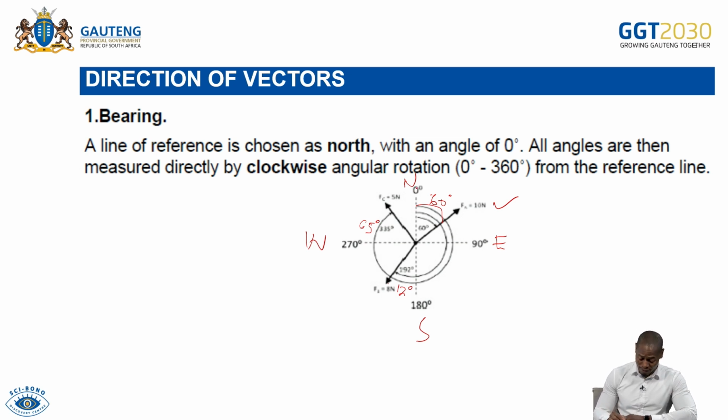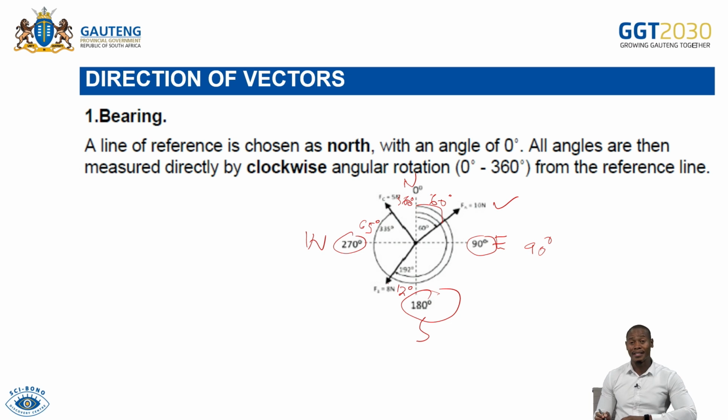Then your north becomes 0 degrees, and when you count, you move clockwise. Where you have east, you have 90 degrees, where you have south, you have 180, and for west it's 270 degrees. Then obviously here it will be 360, the full cycle.